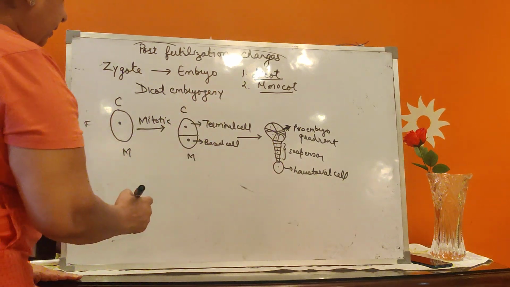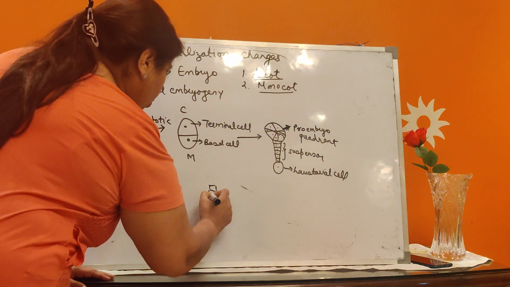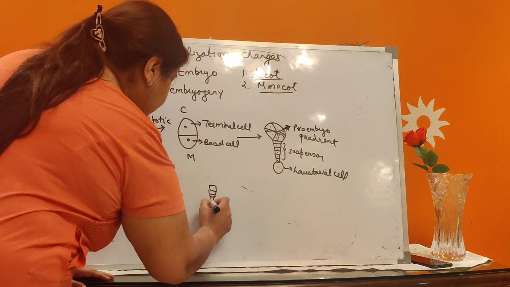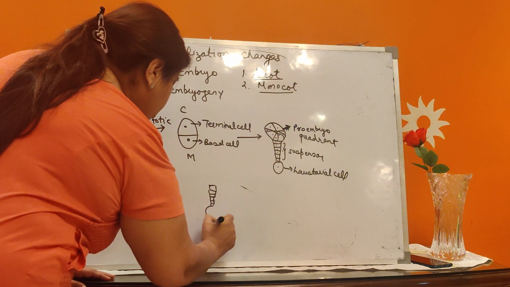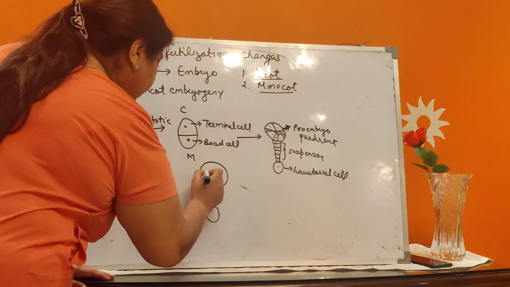Let me draw it again. Here this is the suspensor. This is the haustorium. And here it is the proembryo.